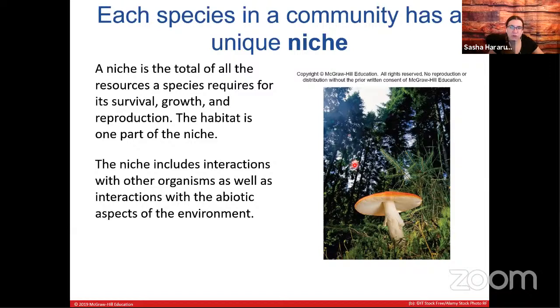So let's return to this forest ecosystem here, and let's think about plants. What kind of resources do plants need to survive? Feel free to unmute yourself and just talk. Water, sun, excellent.